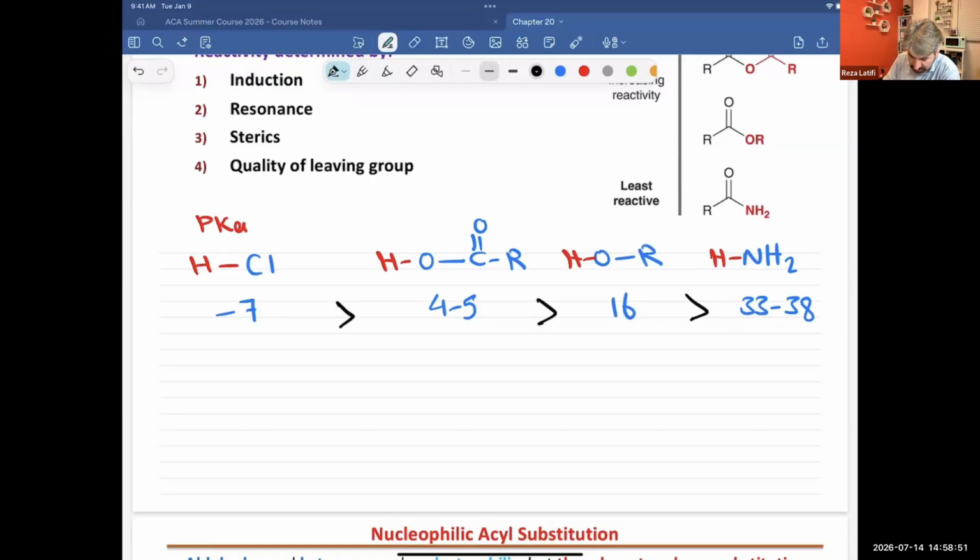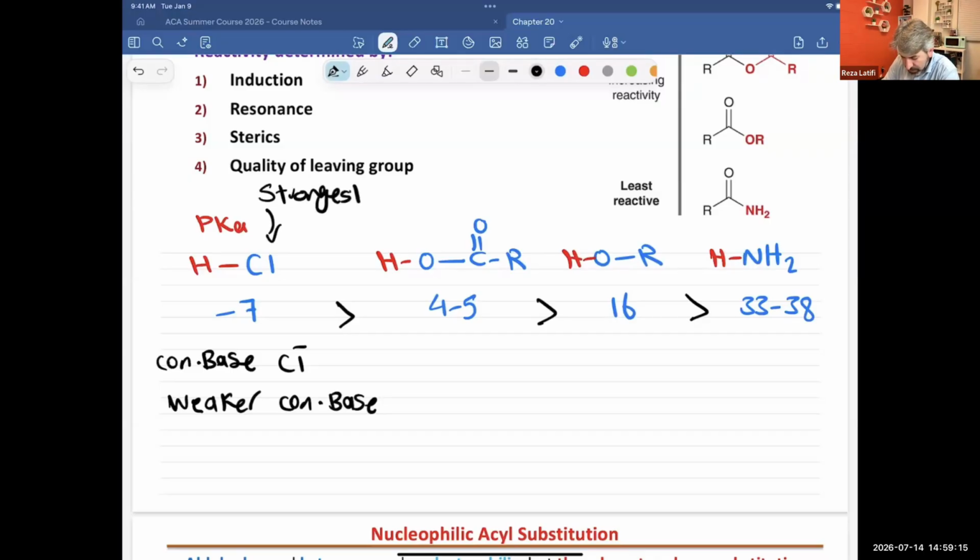What does it mean? It means the conjugate base, which is Cl minus, will be weaker. Remember, HCl is the strongest acid, so Cl minus will be the weakest conjugate base.